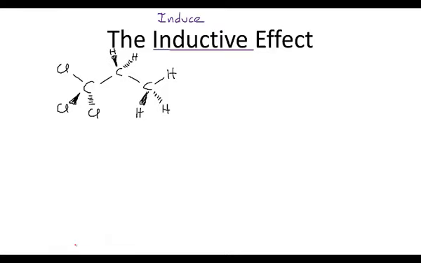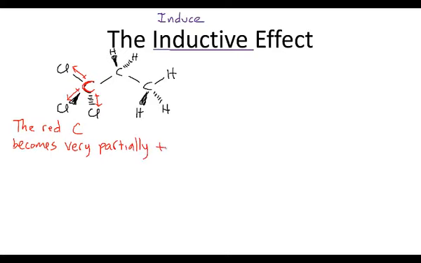So what chlorine does is it pulls on the electrons in those bonds. And that makes that carbon really partially positive. So this carbon here, I'll make this carbon red. That red carbon becomes very partially positive because of the effect of the electronegative chlorines.